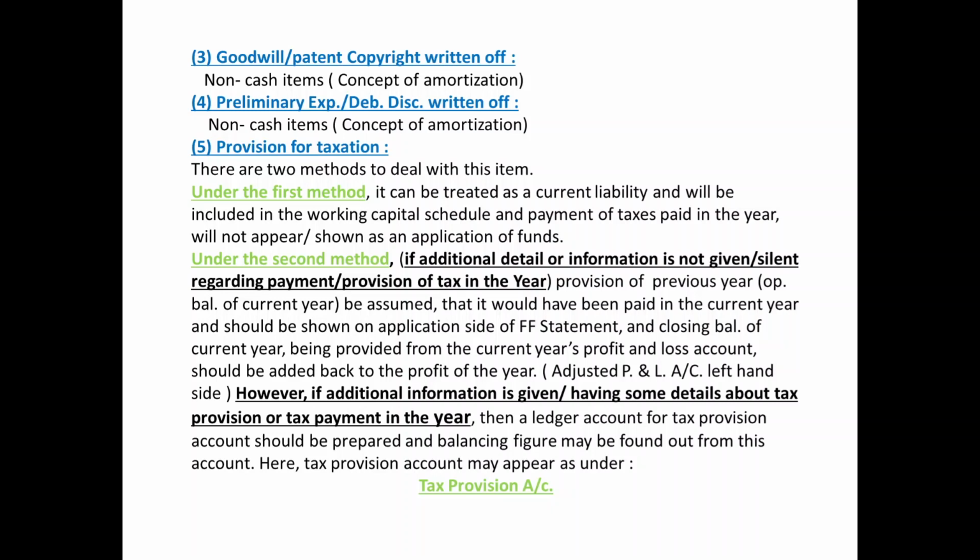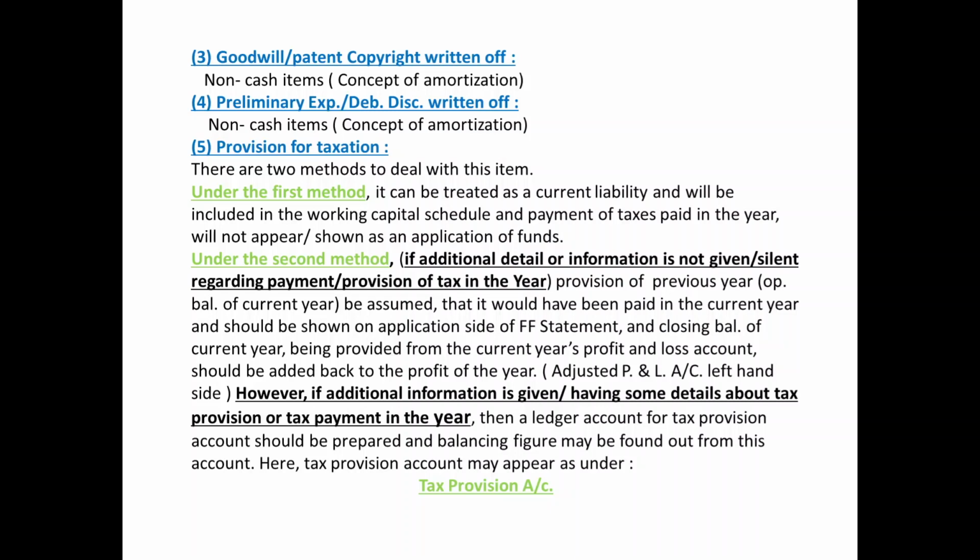But the second way is that if additional information is given having some details about tax provision or tax payment in the year, in majority of the questions this information would have been given, either the current year's tax provision or the current year's tax payment. So in majority of questions, this information would have been given in the question itself.